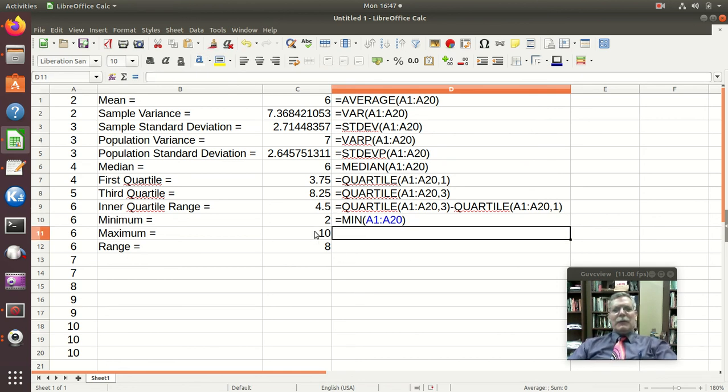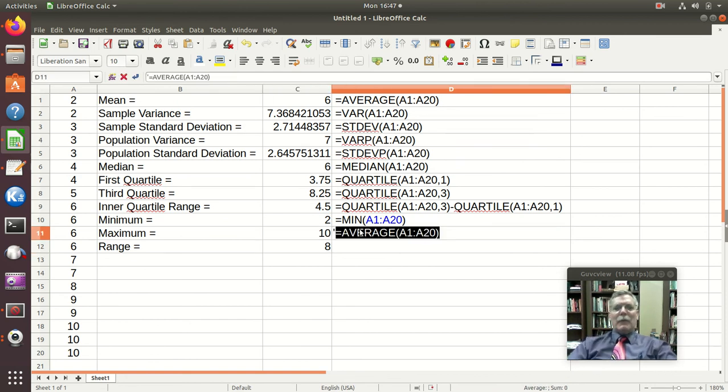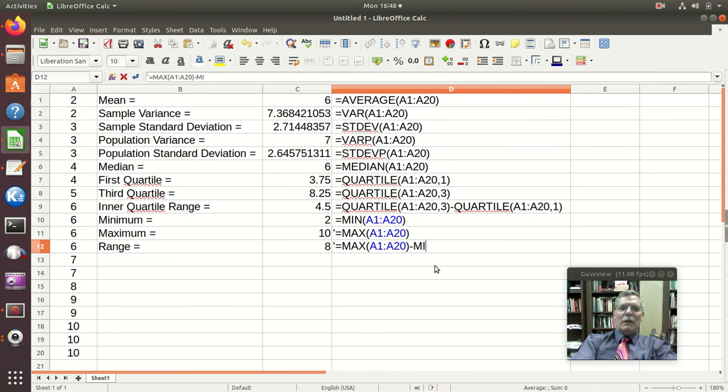Similarly I can do that here, and there's my apostrophe, and I paste, and similarly apostrophe here, and I'll paste that again, and then I'll just write out minus MIN A1 colon A20, like that, hit enter.